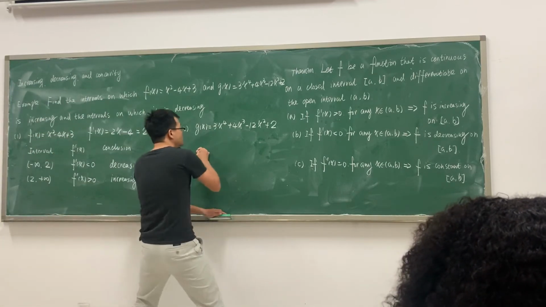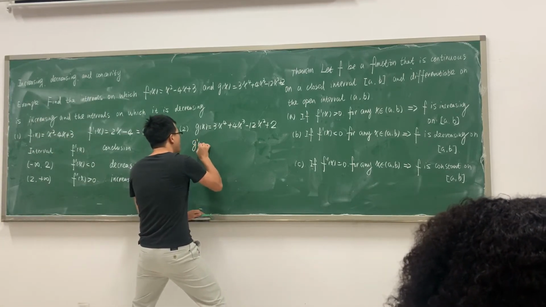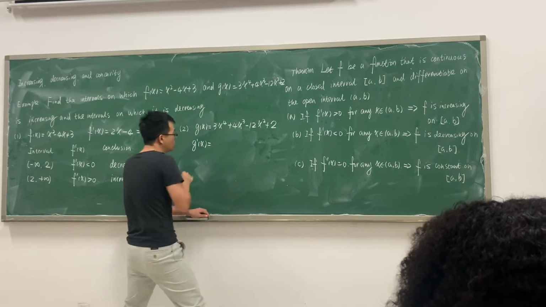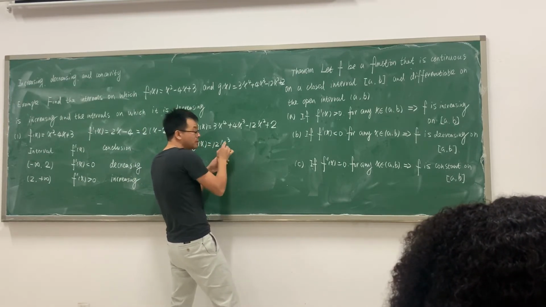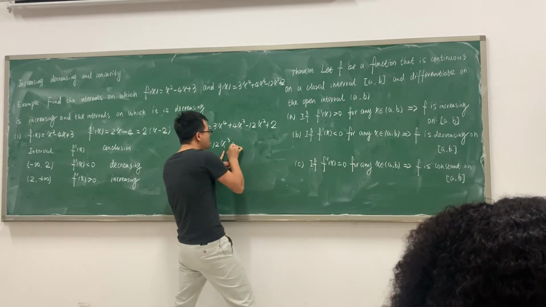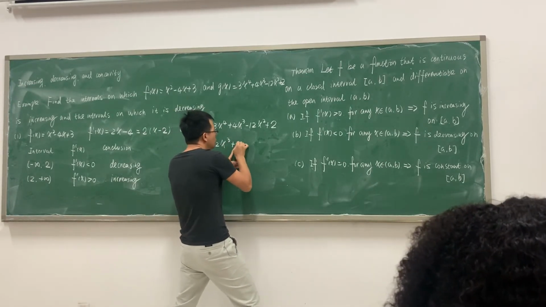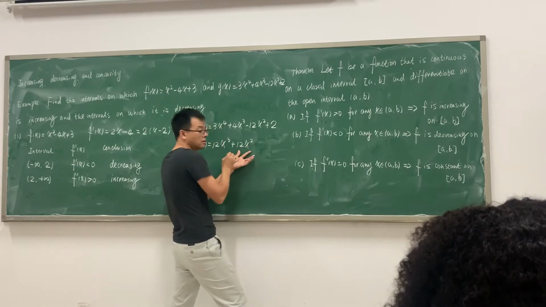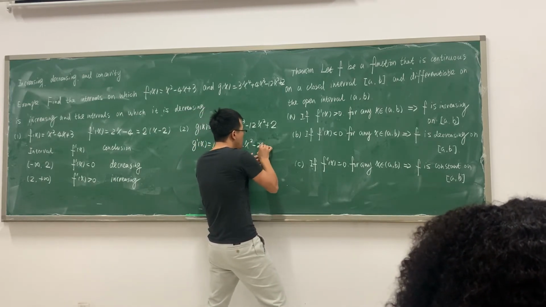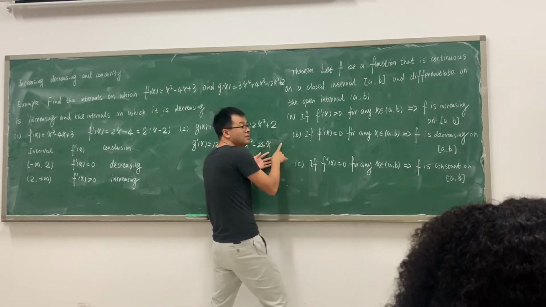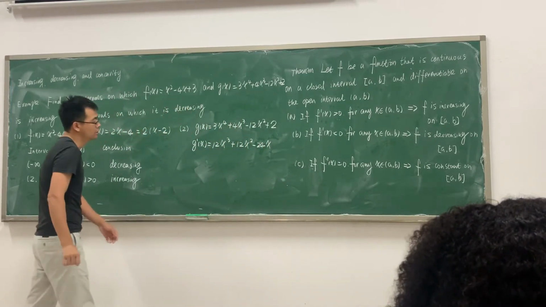So the derivative g prime equals 12x cubed plus 12x squared minus 24x, plus 0.